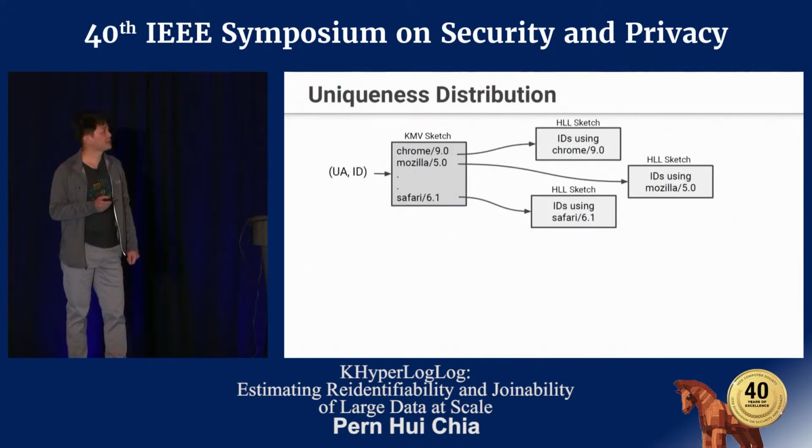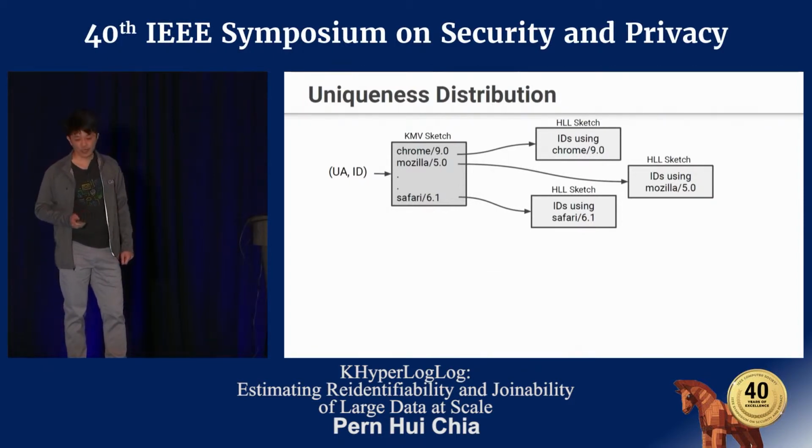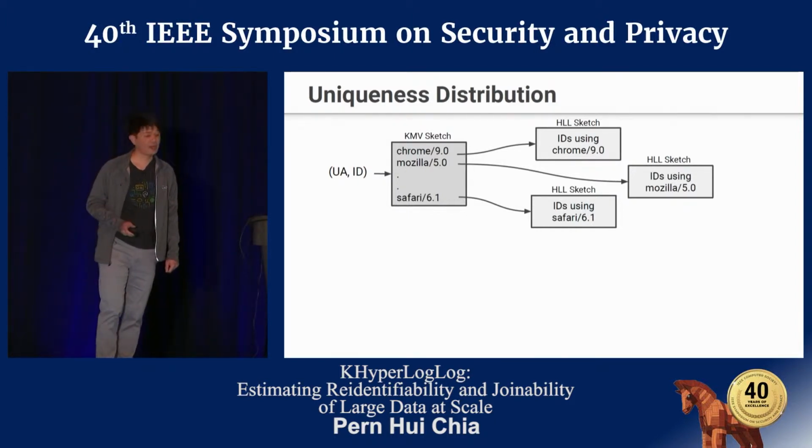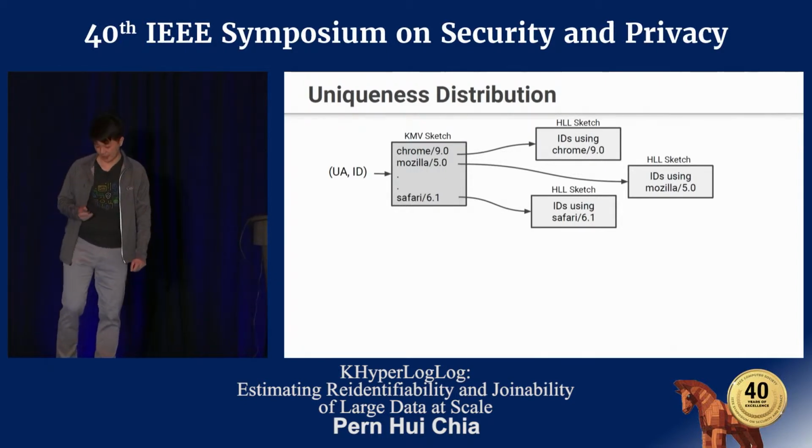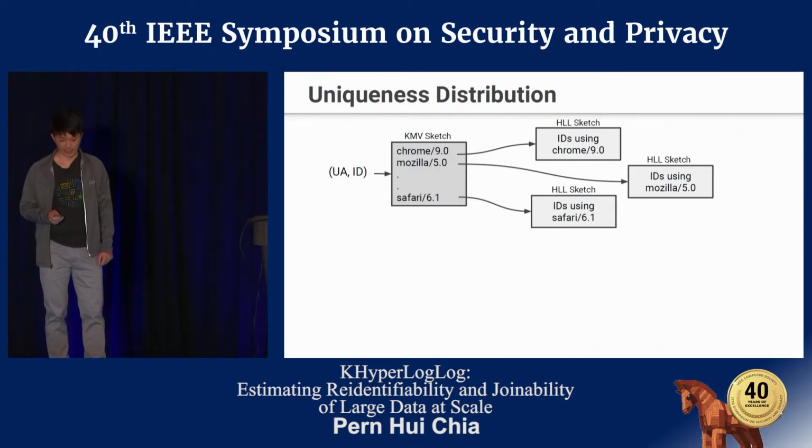So this is a visual representation of a sketch of a KHyperLogLog, where in the first level we have roughly a KMV sketch containing the hash of the user agent, and each of the entries here has a corresponding HyperLogLog sketch that keeps track of the IDs associated with the individual user agent string.